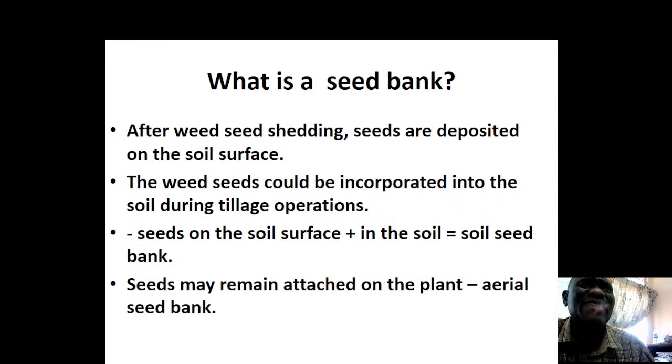So what is a seed bank? After weed seed shedding, seeds are deposited on the soil surface. This is where we find seeds on the soil surface, and in the soil, form what is known as the seed bank.